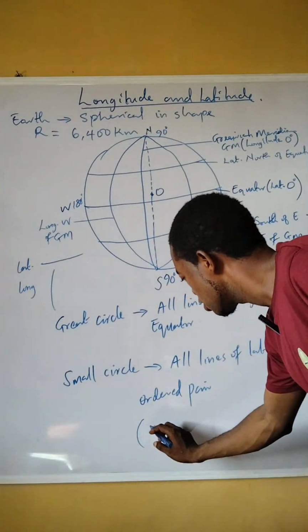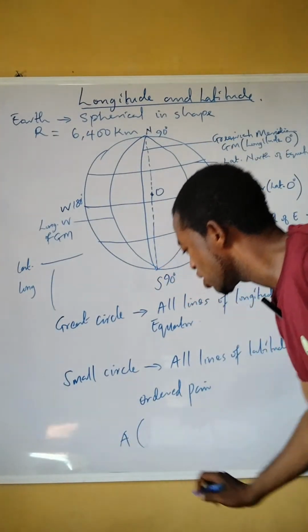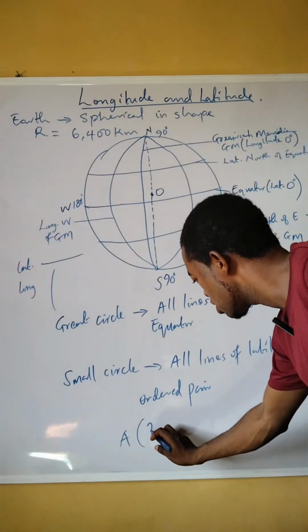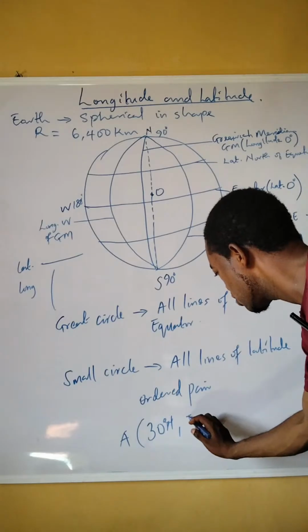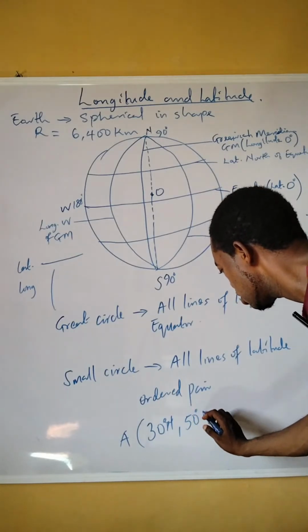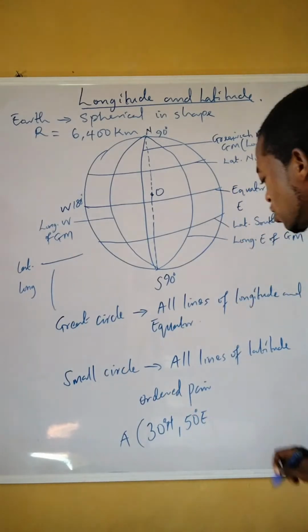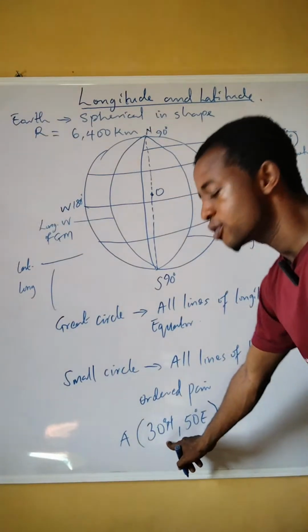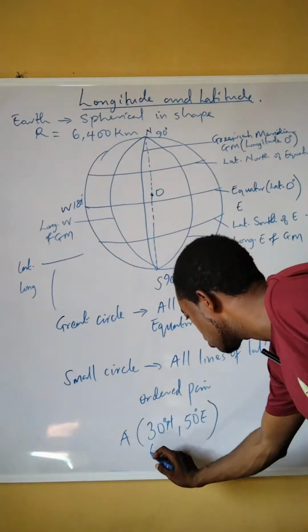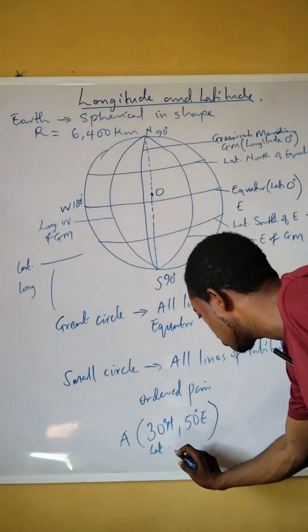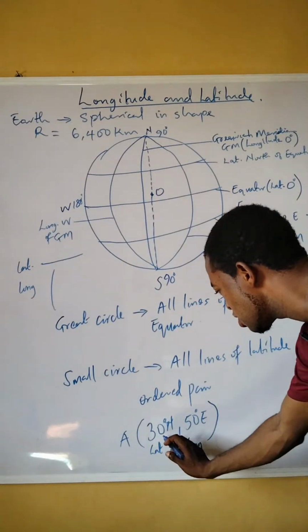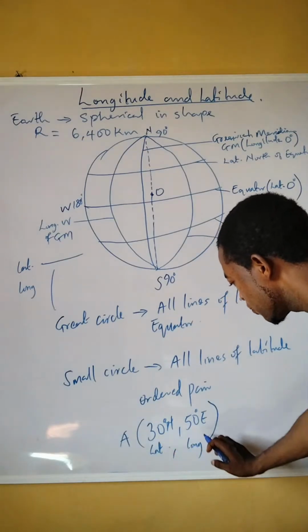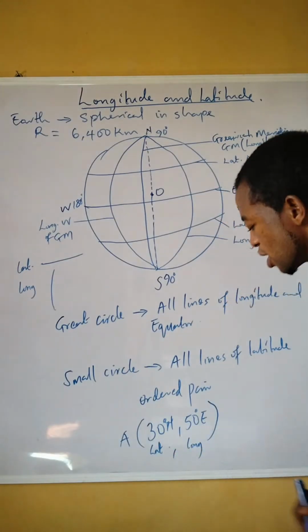For instance, if you have a point A which is 30 degrees north and 50 degrees east, this 30 degrees north is latitude, and this 50 degrees east is longitude. That means the 30 degrees will be a horizontal line, and the 50 degrees will be a vertical line.